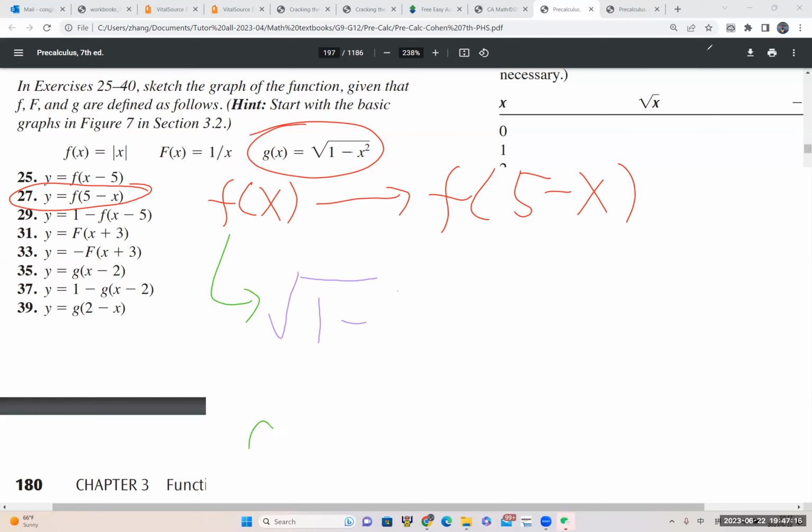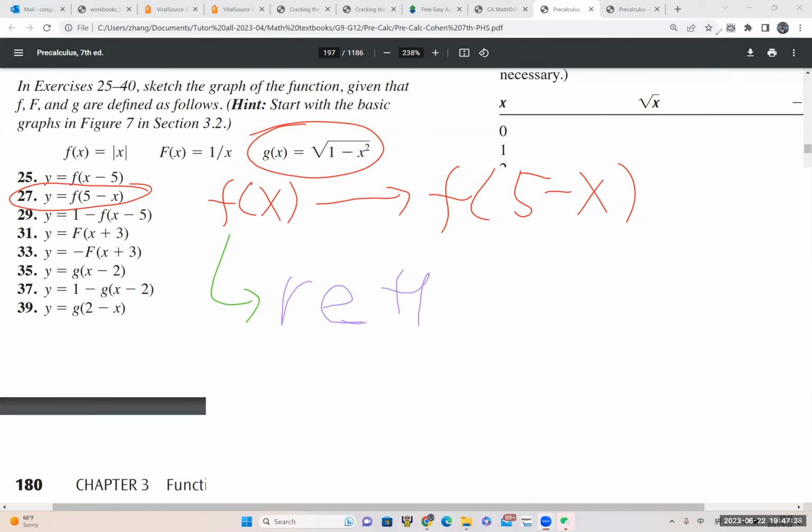For example, maybe f of x is sine 3x minus 2. Anyway, we don't need to depend on what function type it is. Suppose there is a general transformation rule, right? So at first it reflects across the y-axis.